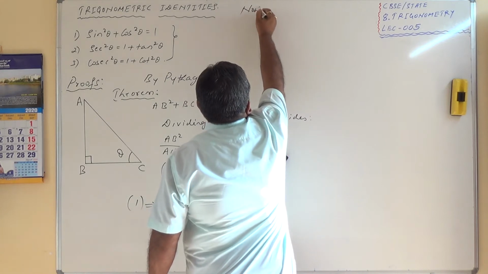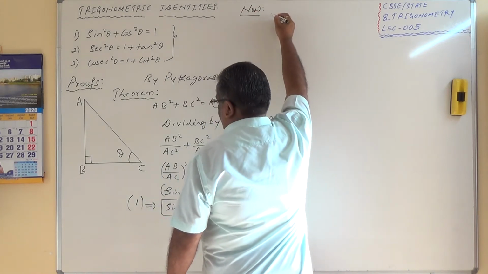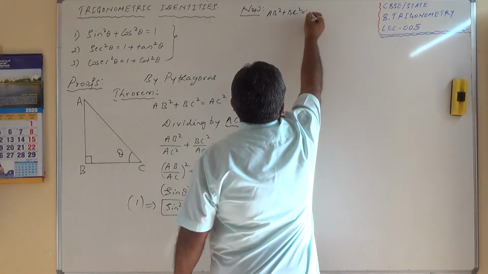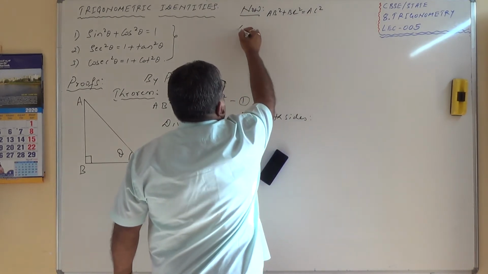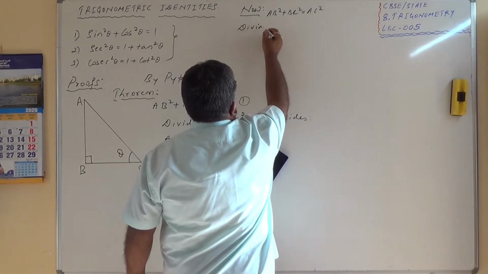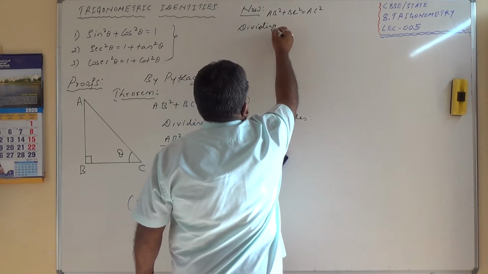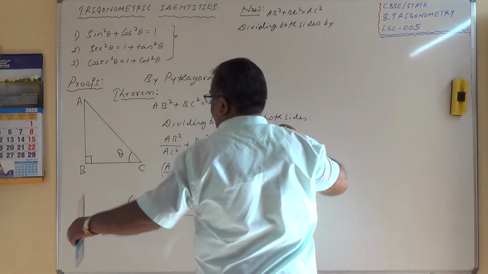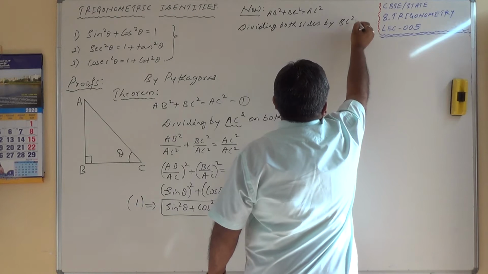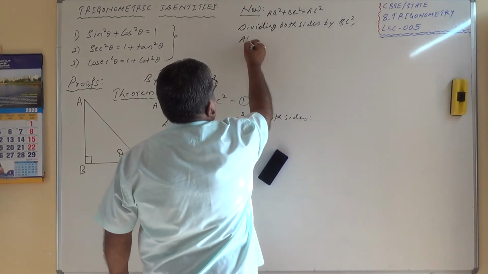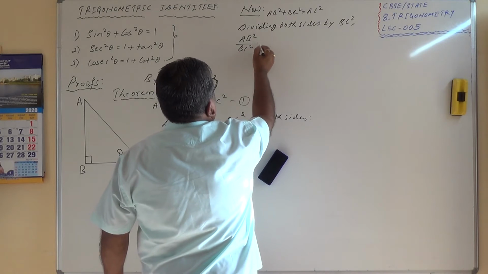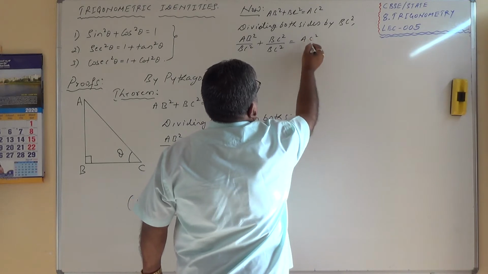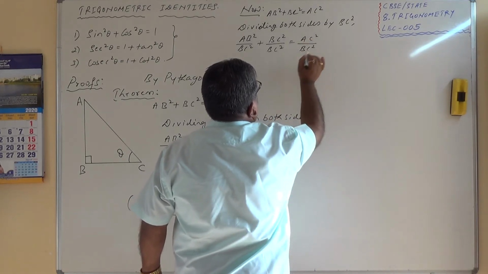Now, by Pythagoras theorem, AB square plus BC square equals AC square, dividing both sides by square of the adjacent side, BC square, we get AB square by BC square plus BC square by BC square equals AC square divided by BC square.